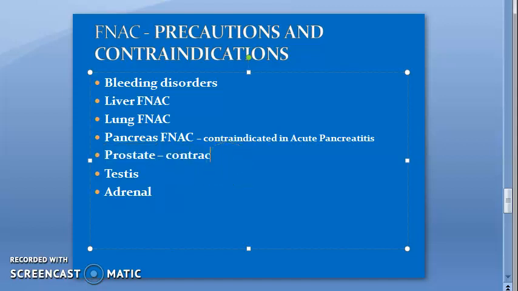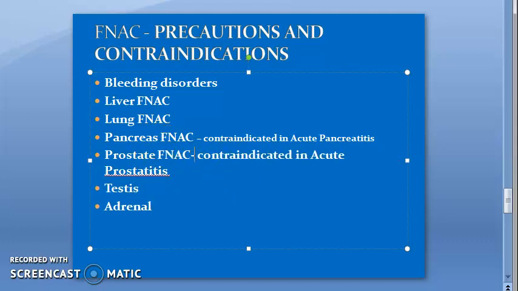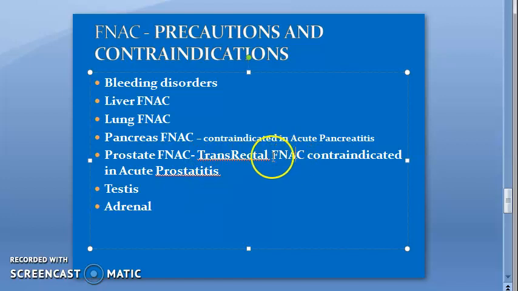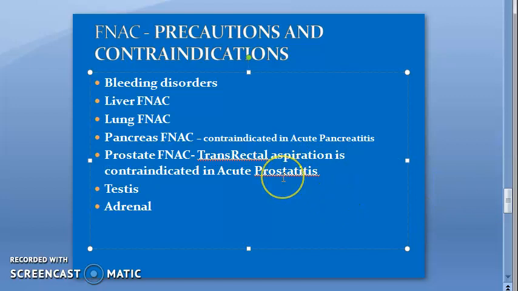So prostate FNAC is contraindicated in acute prostatitis because it can lead to bacteremia and septicemia. Transrectal aspiration is contraindicated because if you go by the rectal route, I think you will be introducing bacteria.